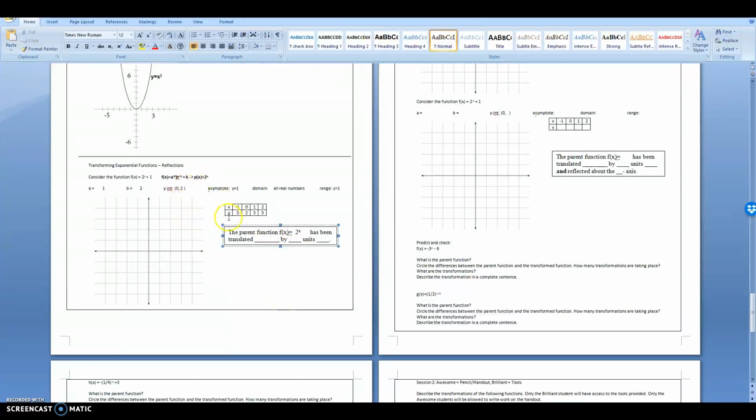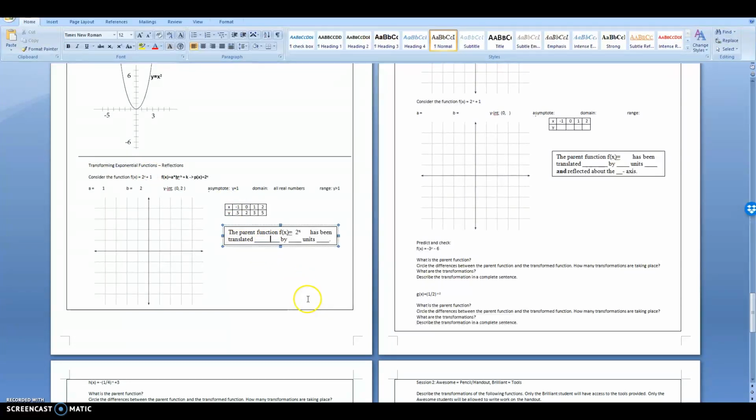I think so. Well, we already discussed this here, right? The only difference between the left and the right is there's no H here. That means there's no horizontal translation. However, there's a K here, right? The K is the 1 here, which is the asymptote's 1.